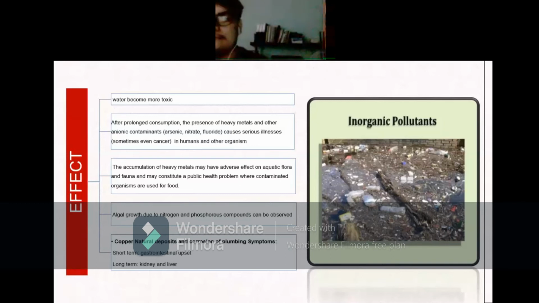So we can get two effects. The first one is short term, where we get gastrointestinal upset, like stomach pain, and the long term effect is that we may have problems with the kidney and liver.